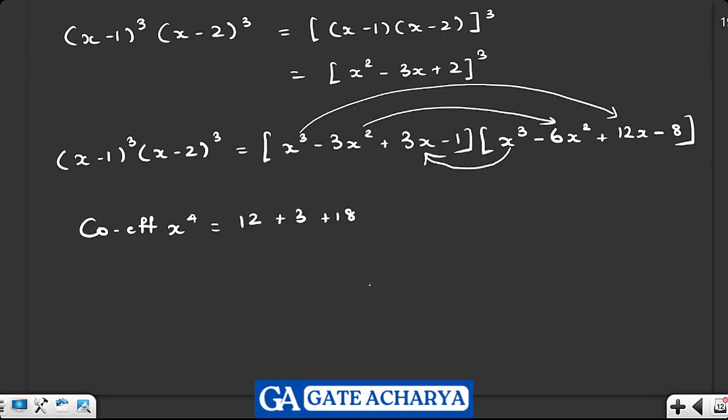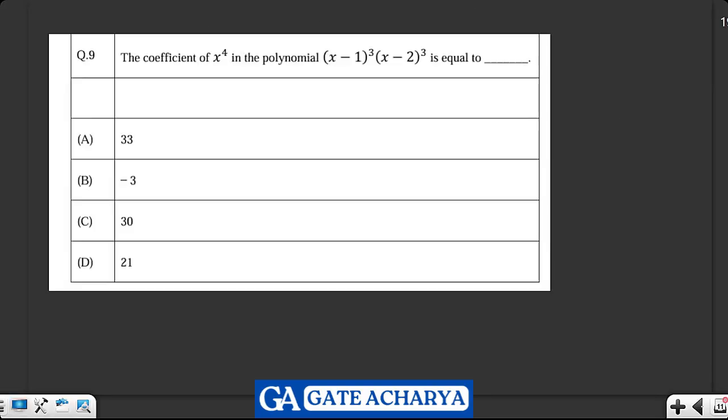These are the only ways, right? Okay. Now just add it up. 18 plus 12 works out to be 30. 30 plus 3, 33. That's it. Answer is over. Option A, 33.